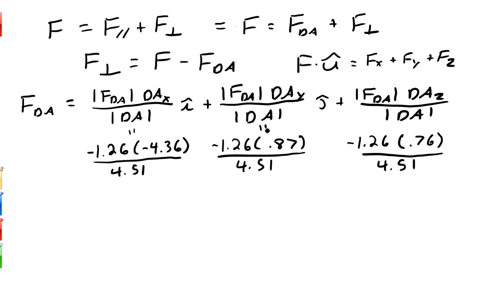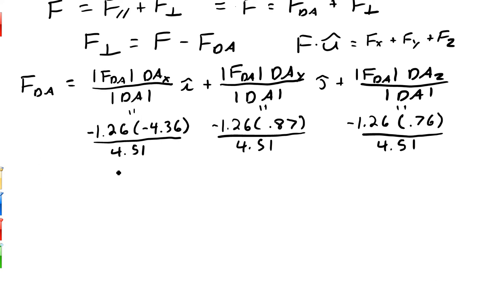Put some equals down here. So now we get that this is equal to 1.22 in the I, minus 0.244 in the J, and a minus 0.213 in the K.